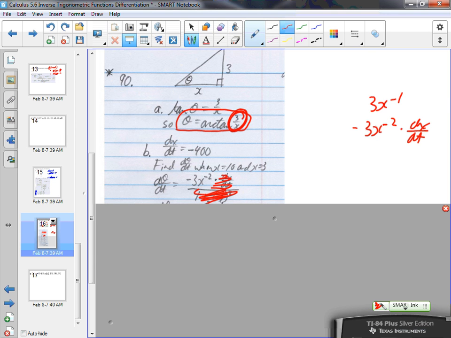Since x is a function, if we had 3u to the negative 1, u being a function, we'd say the derivative of that is negative 3u to the negative 2 times the derivative of u, right? Chain rule it. X is a function. Chain rule it. Negative 3x to the negative 2 times the derivative of x.